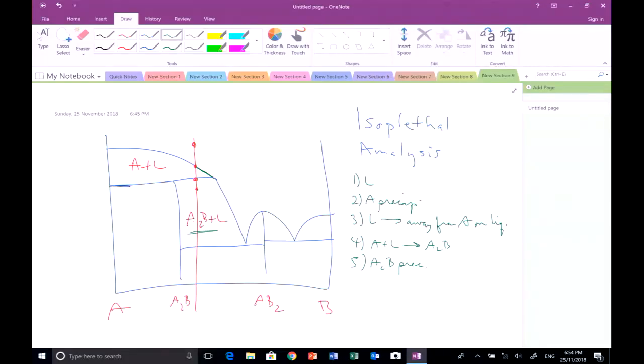So I'm precipitating A to B, and I'm doing that all the way down here until it hits another isotherm or another horizontal line at which there is an invariant point. What kind of invariant point is that?